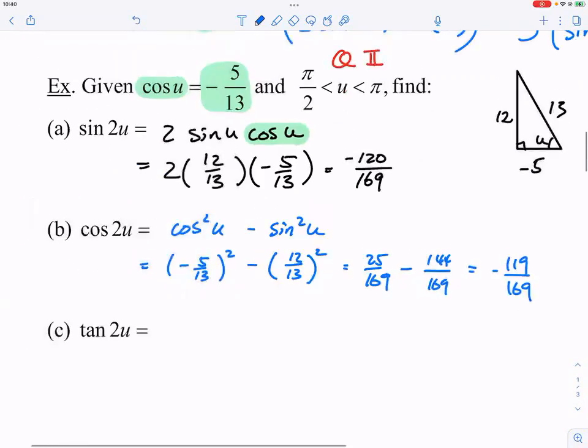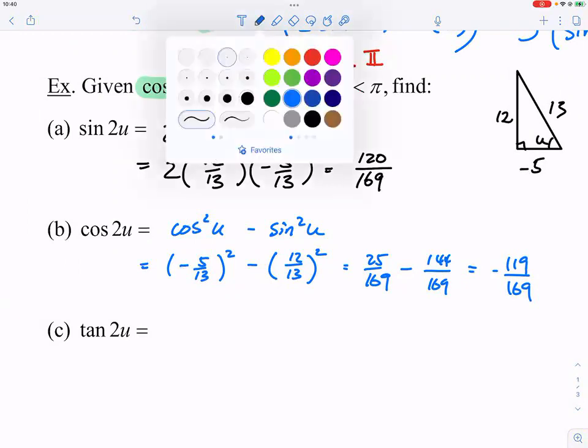So if that is the case, that means 2 times u is likely located in quadrant 3, because both sine of 2u and cosine of 2u are negative. So it seems like we will expect a tangent that's positive. We'll see if that's the case.